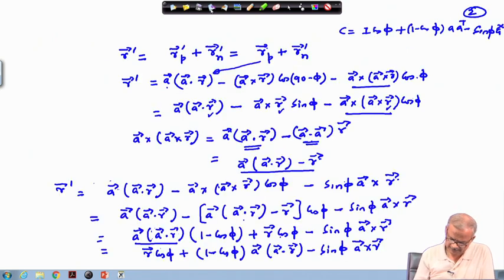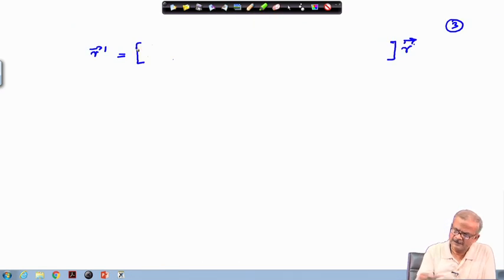Now, look here in this place, this is r cos phi, this is a vector. If I take it outside the bracket, I must put here cos phi times identity matrix.